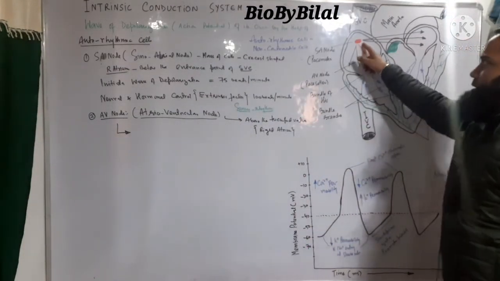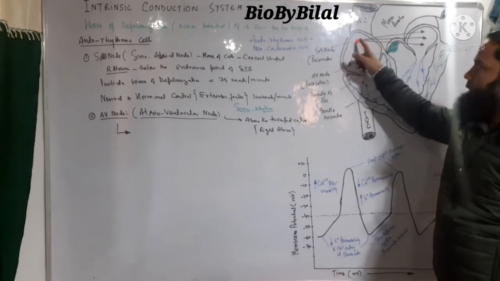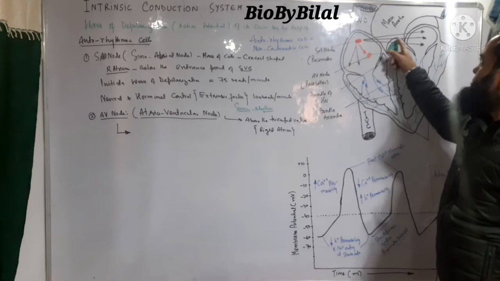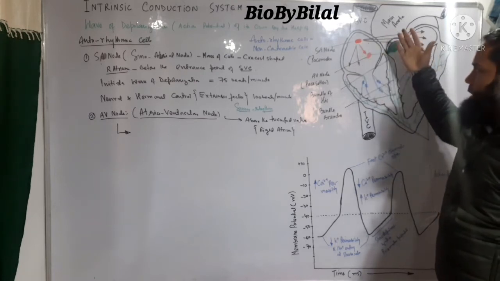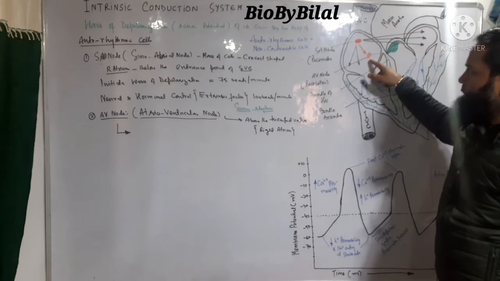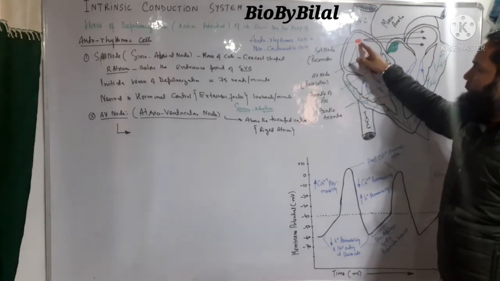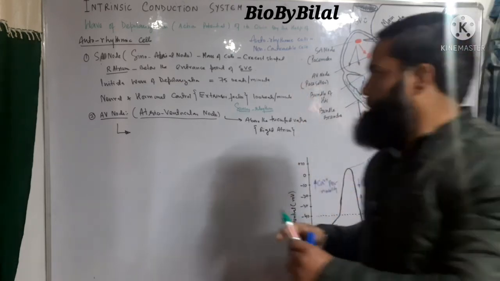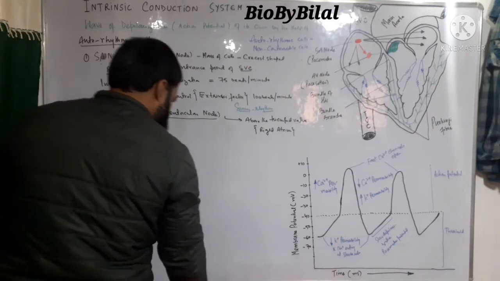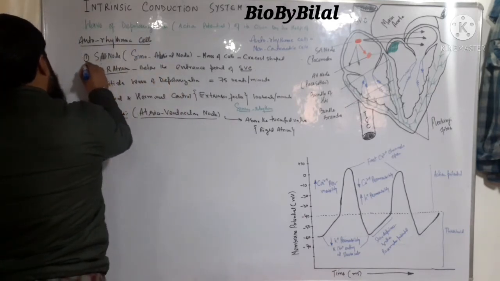With the wave of depolarization initiated in the SA node, it spreads in both the atria as well as towards the AV node, but it spreads in both the atria by means of gap junctions. I have not mentioned this point here. We will mention it once again.